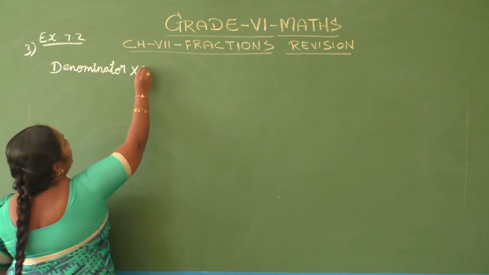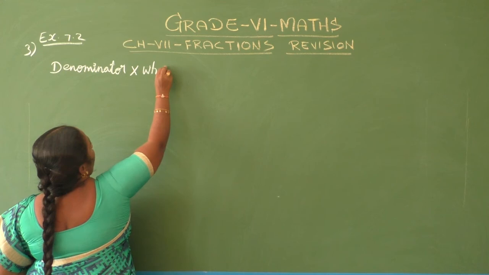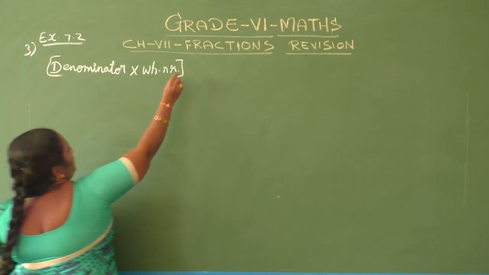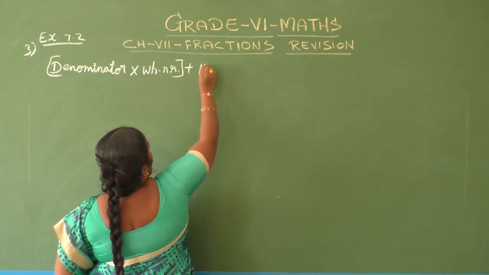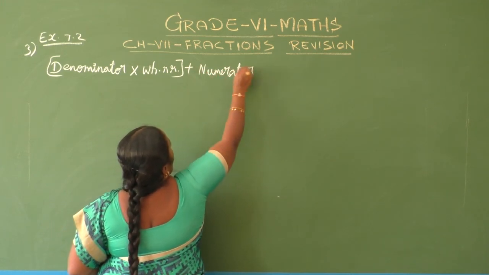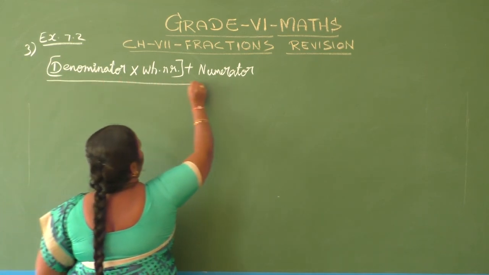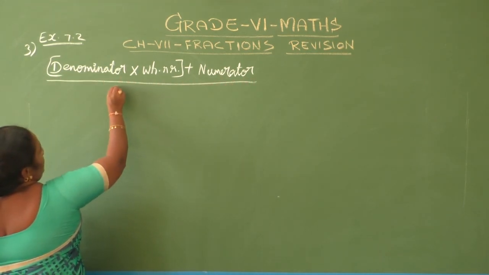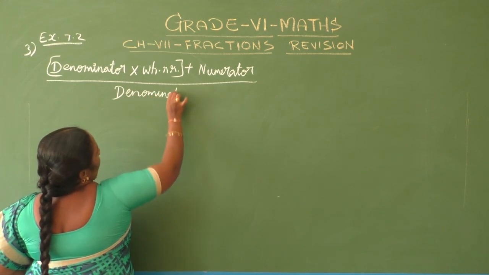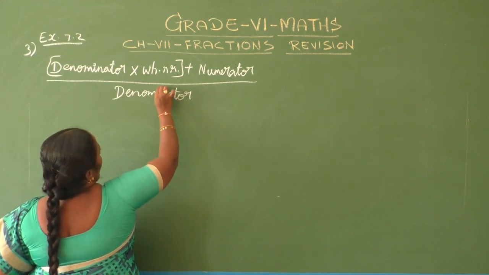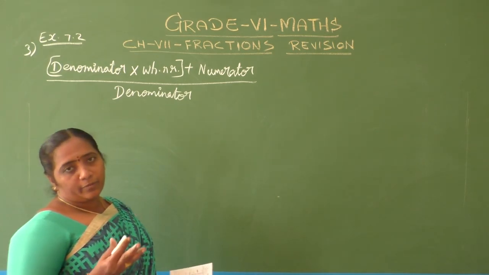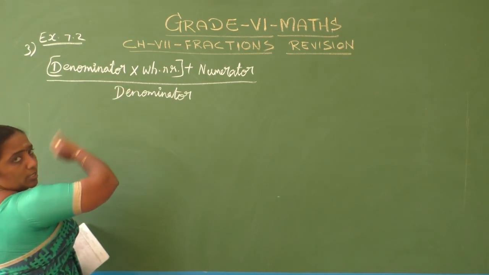Denominator into whole number plus numerator, divided by denominator. This is the formula. Okay, ma'am? To convert the mixed fraction into improper fraction, we have to use this formula.